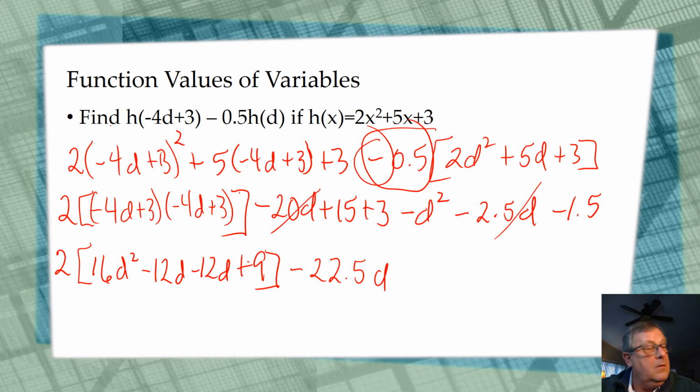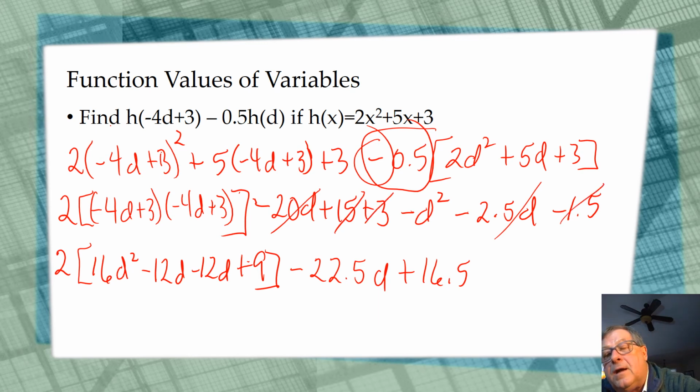Does that seem right? I guess it does. 18 minus 1.5 is going to be positive 16.5. That knocks out that, knocks out that, knocks out that, and I still got the negative d squared.